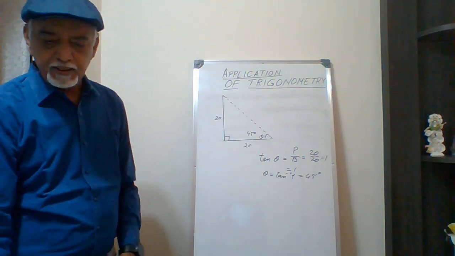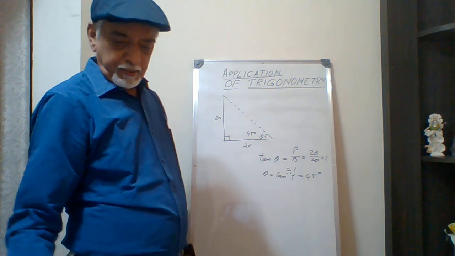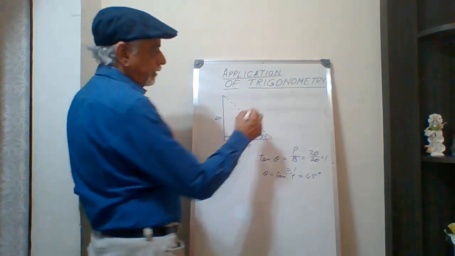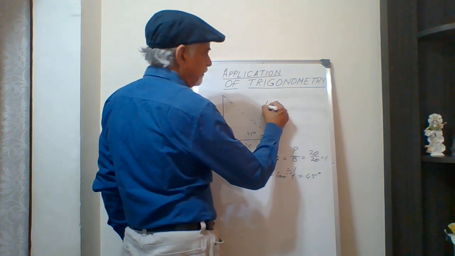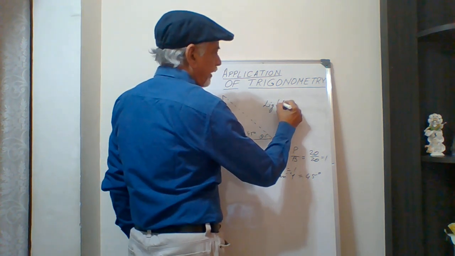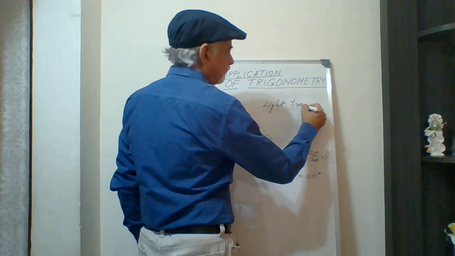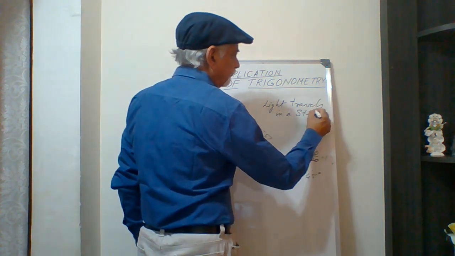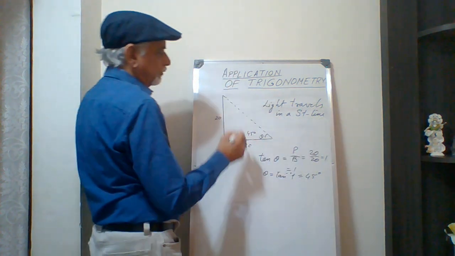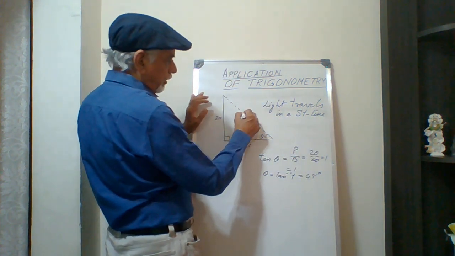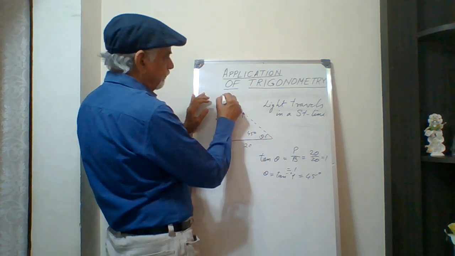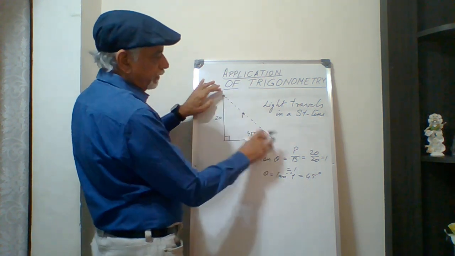So this instrument is very useful, and it is based on the theory of physics which says light travels in a straight line. So I can put one more object here and coincide this head with the tip of it to make it more accurate.